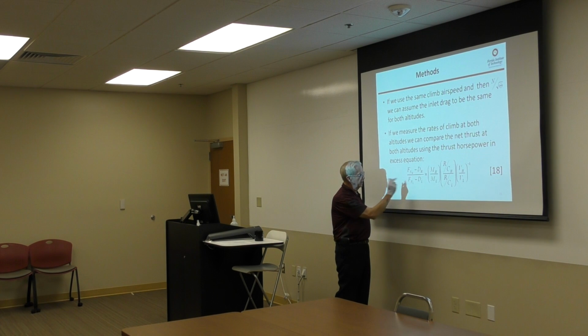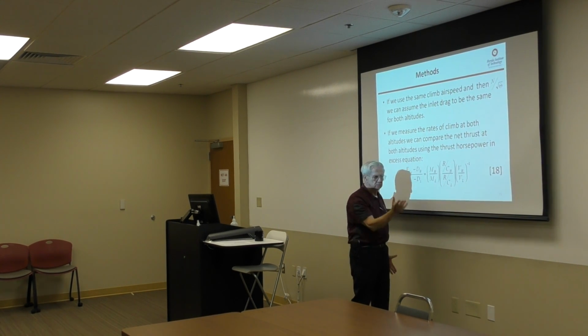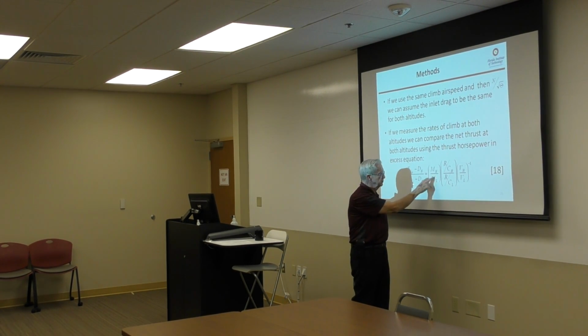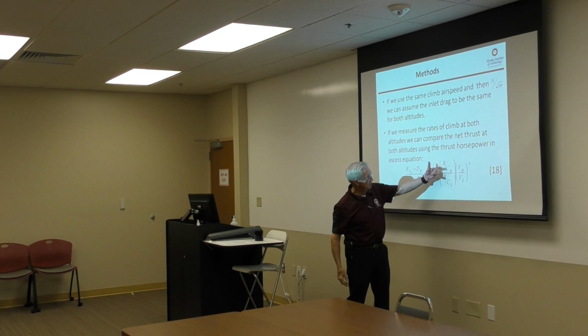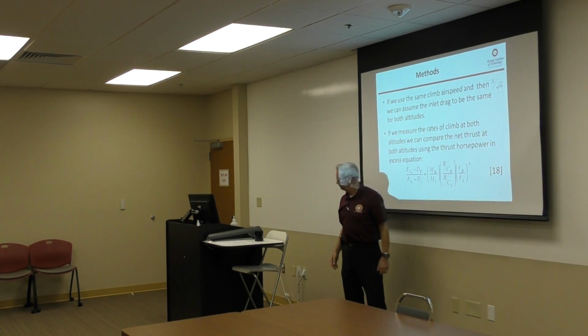So net thrust high, net thrust low, drag high, drag low, mass at high altitude, airplane weight and those kinds of things, mass at low altitude, two rates of climb, high and low, and then the airspeeds.